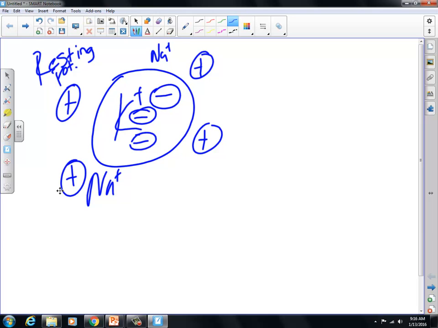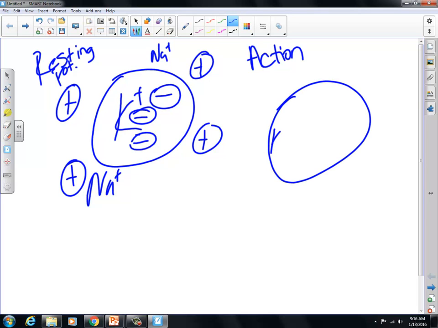Alright, so that's the resting potential. Now, we know that the heart must be able to propagate a contraction. We know that that's the purpose of it. And so, it goes from the resting potential into the action potential. And in that case, we know that sodium is doing what?